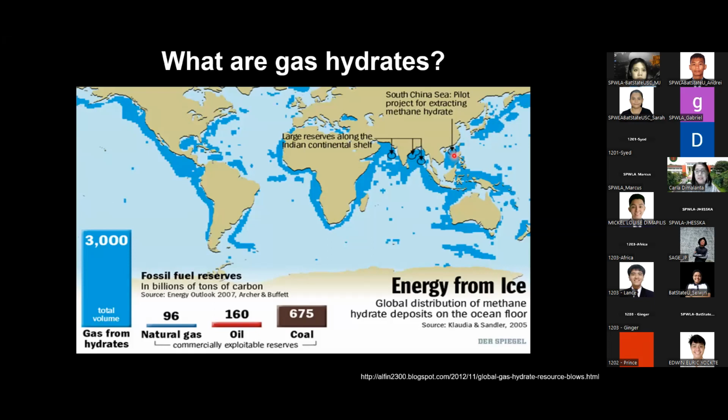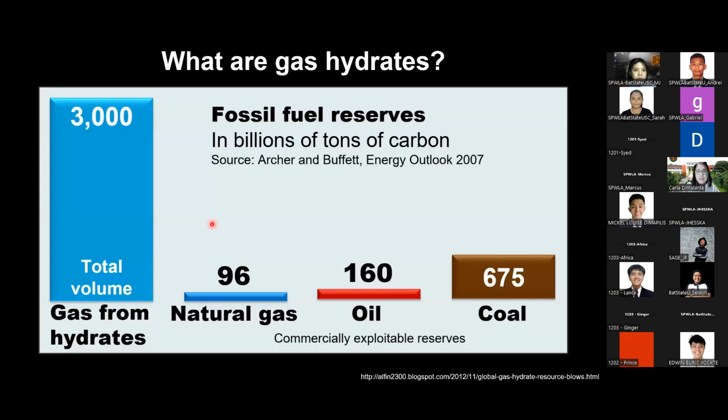And as I said, there's been a lot of interest in gas hydrates recently because of the potential for large volumes of carbon to be extracted from them. When gas hydrates were earlier reported, they were claiming that this is more than twice or three times the volume of the total hydrocarbon resources that can be used by man.